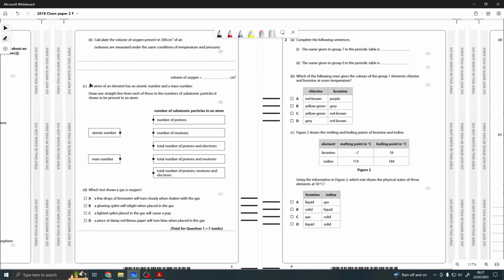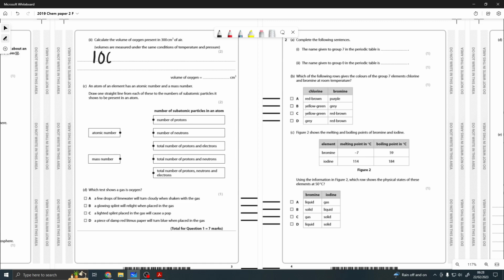So it says calculate the volume of oxygen present in 300 centimeters cubed of air. Okay, now how would I do this? Very straightforward.